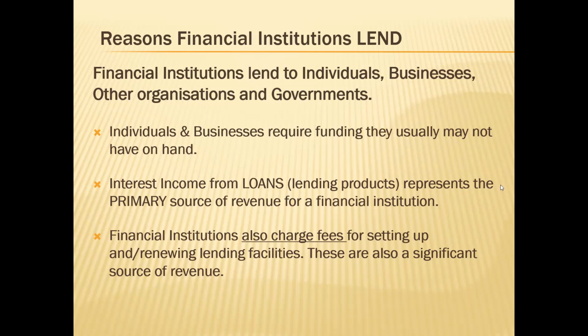Now you see they're saying charge fees for renewing lending facilities. One such lending facility that they charge fees on for renewal will be overdrafts. Overdrafts are normally for about 12 months or less. Banks do not do overdrafts longer than 12 months, and then they're subject to review. And if you want the overdraft to continue for the next year, then you charge the client another set of fees.